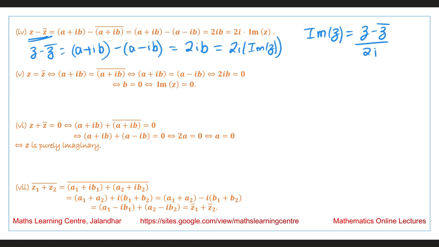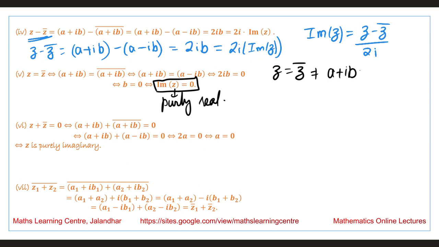Next we have to prove that if z is equal to z bar, then imaginary part of z is 0, that is, the number is purely real. When z is equal to z bar, this implies a plus iota b is equal to a minus iota b.